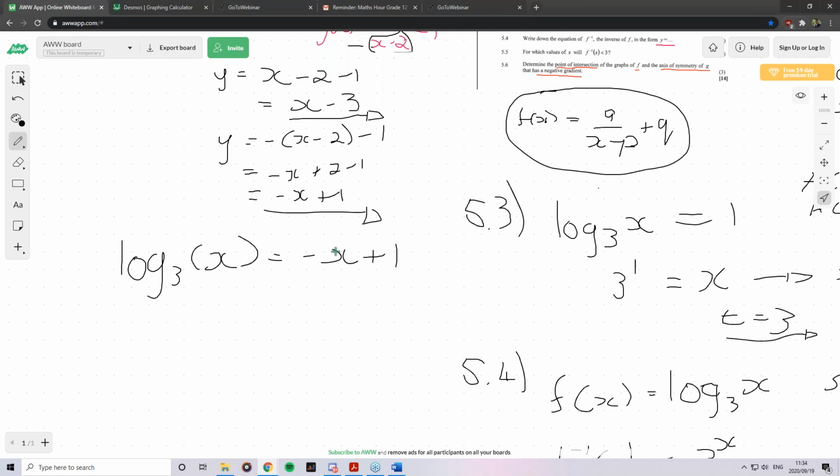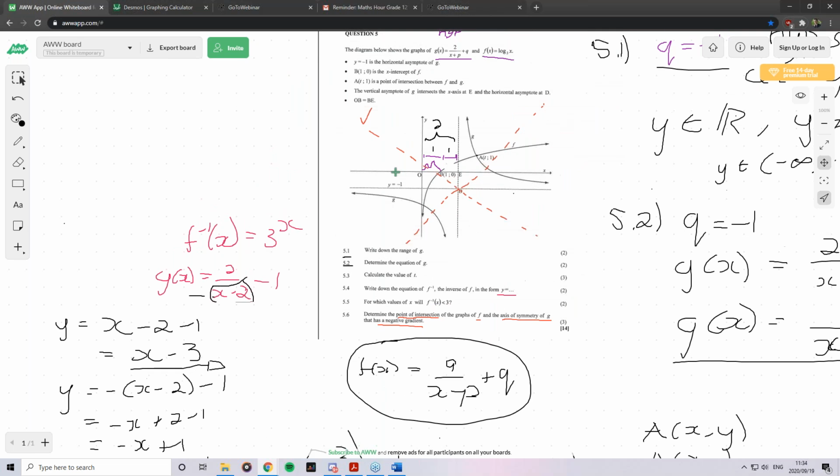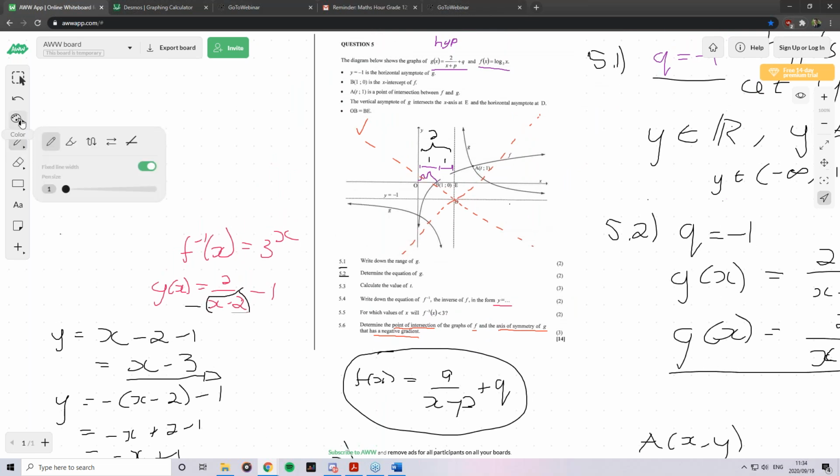This is what they mean by this. Now, let's notice something. The axis of symmetry goes through this point here, right? This point B. B is 1, 0.